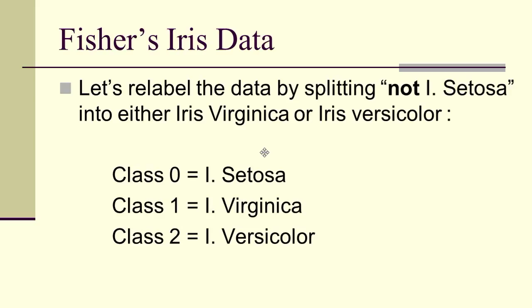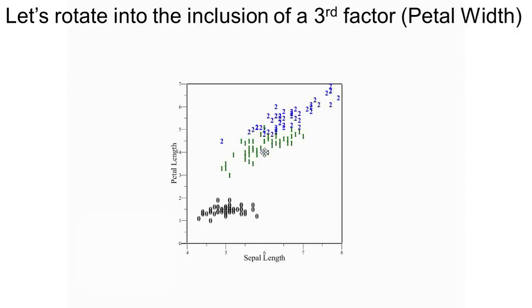Now let's split the class 1 into 2 classes. So now we have the 3 classes. Not Iris setosa was either Iris virginica or Iris versicolor. And so therefore class 0 is Iris setosa, class 1 is Iris virginica, and class 2 is Iris versicolor. And you'll notice that these are not separable.